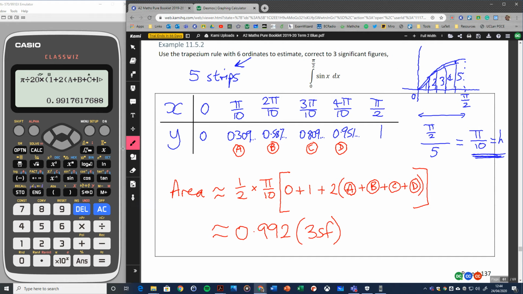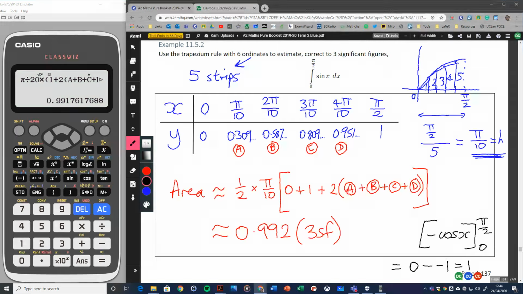So the integral of sine x is negative cos x, and then subbing in 0 and pi over 2. Put the top limit in, you get 0. And then take away and sub the bottom limit in, I get minus 1. So I'm taking away minus 1. So the true value, I believe, is 1. That fits with 0.992 being a slight underestimate.